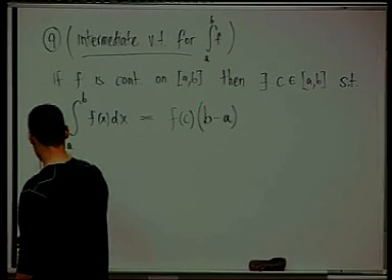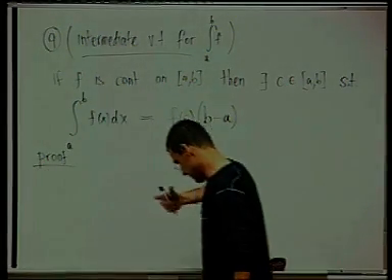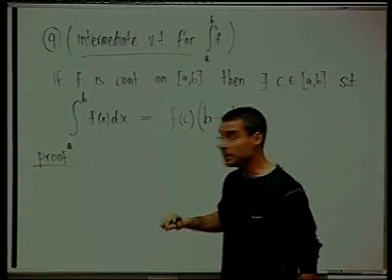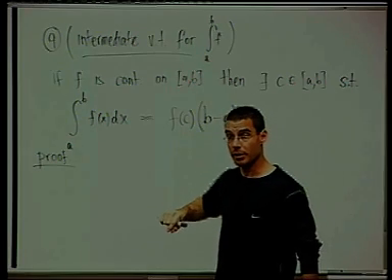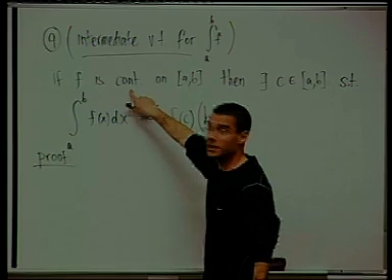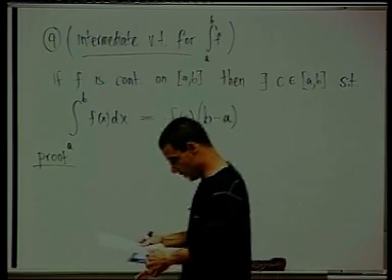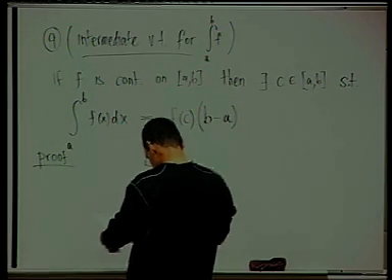The core idea in the proof is going to be the intermediate value theorem for functions, which requires the function to be continuous. That's why we need the continuity here. Okay? So let's prove it.